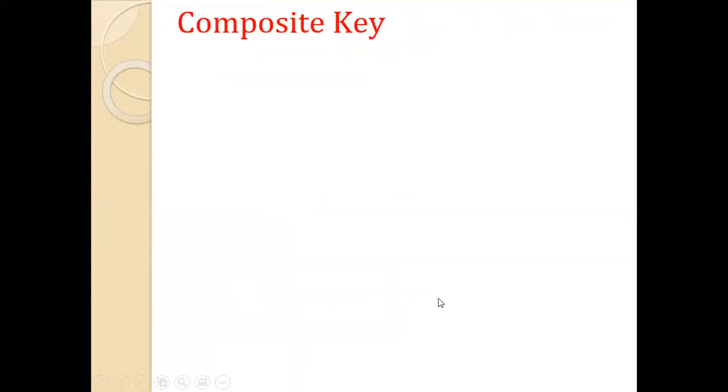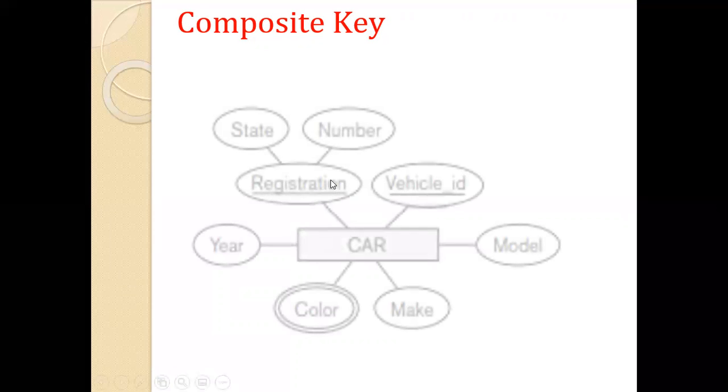So next is composite key. Now we have seen key is an attribute which is used to identify an entity type uniquely. To find the uniqueness of an entity type, we use a key attribute. Now there are some entity types which may have more than one attribute as a key. If you have more than one attribute as a key in some entity type, then such a set of key attributes is referred to as a composite key.